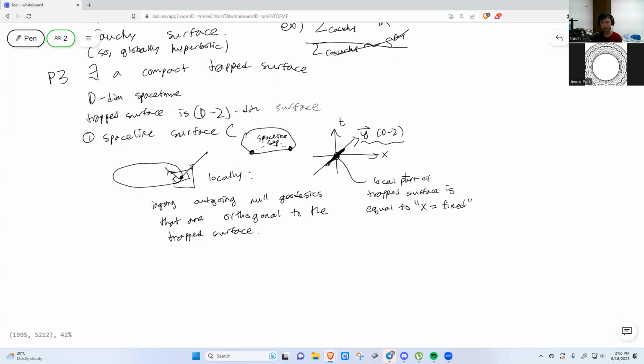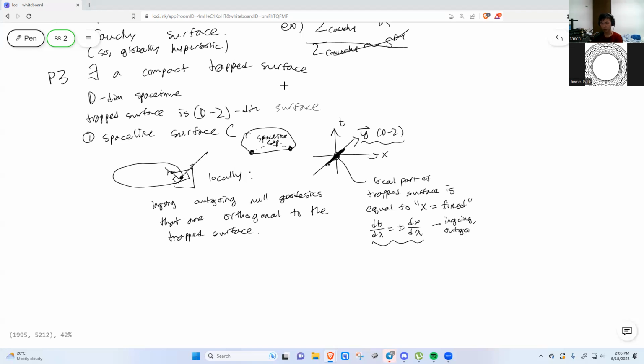They will only have x and t components. But then you get two fixed possible directions in which the null geodesic could go, which is dt/dλ equals plus or minus dx/dλ. So one of them will be ingoing and the other will be outgoing.